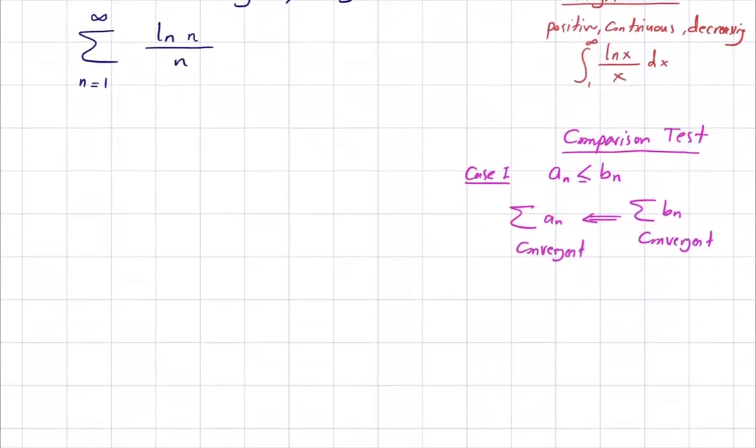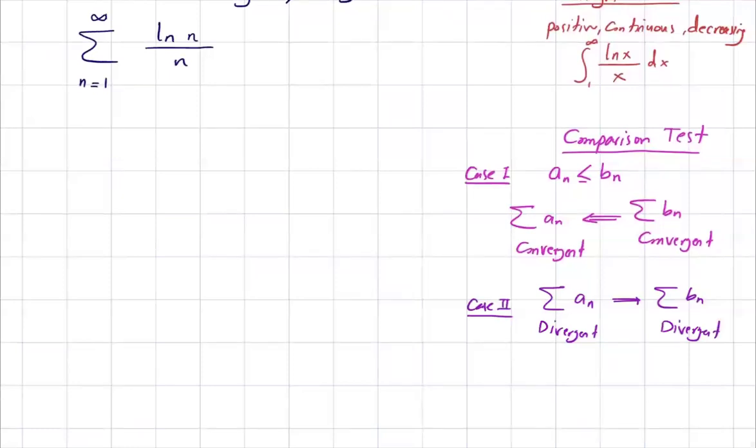Case 2 is when an is less than equals to bn and the summation of an, the smaller series, is a divergent series, and you can conclude that the larger series is divergent.